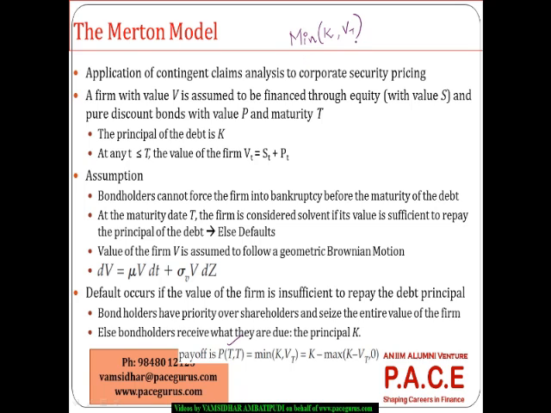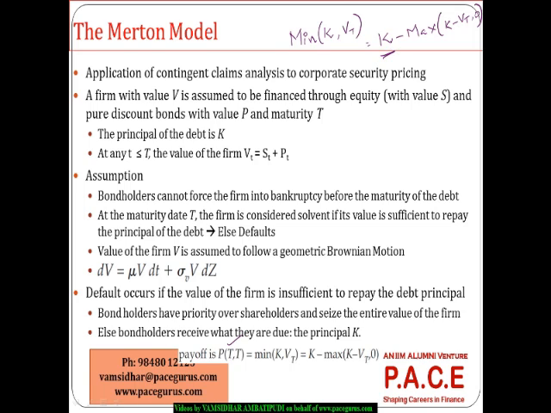So they would be receiving one of these two, or I can very well write this as K minus the maximum of K minus Vt comma 0. Now this is where I can try mapping the options terminology.